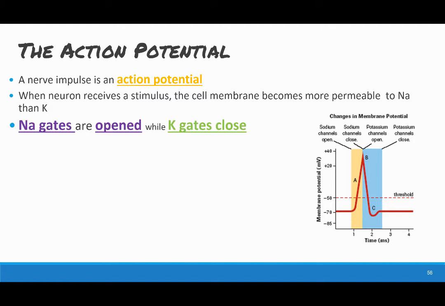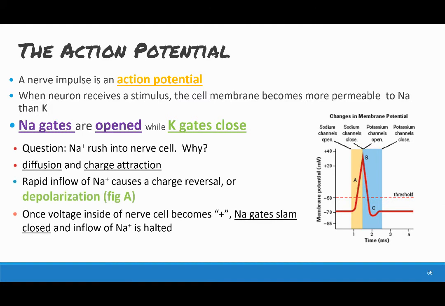They're closed when the membrane is at rest, so they open up, and this is like opening up the floodgates. You're going to allow sodium ions to start diffusing through those gated channels, those proteins. The potassium-gated channels remain closed.